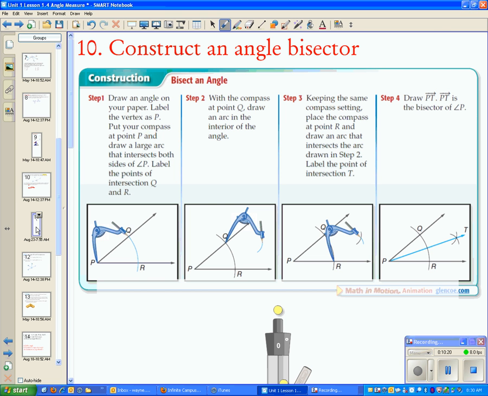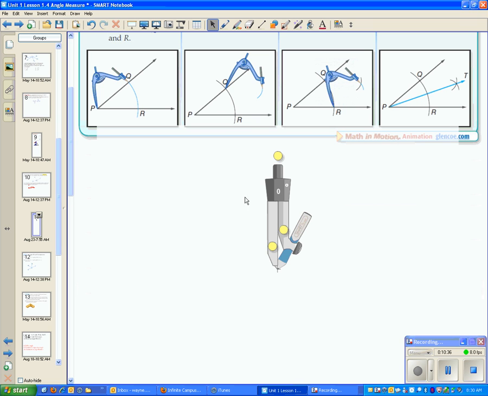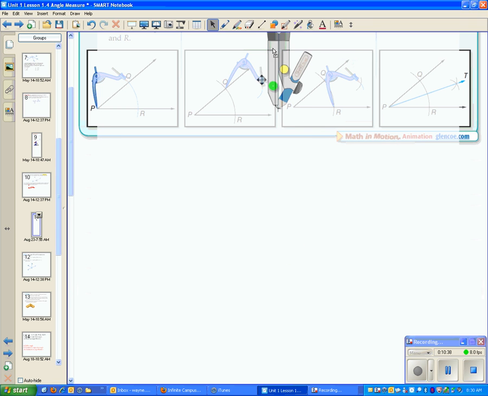All right, let's see if we can bisect an angle. So these directions are on page 40 at the bottom, but I'll go through them with you and show you how to do it, see if I can make some sense. So if we're going to bisect an angle, probably not real surprising that we need to begin with an angle.